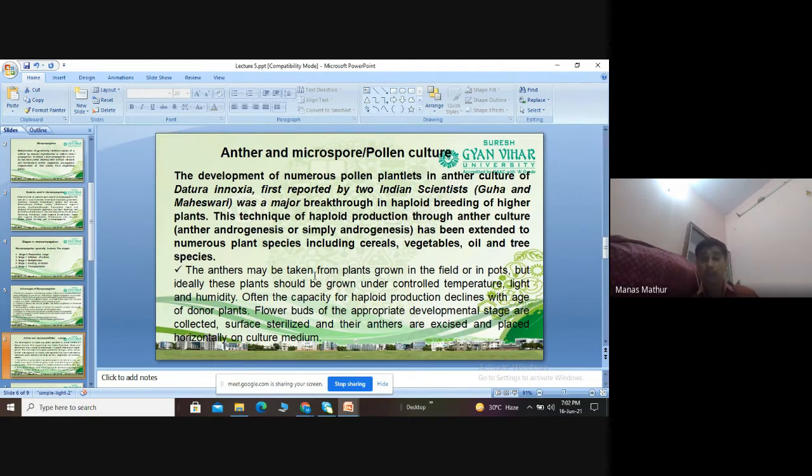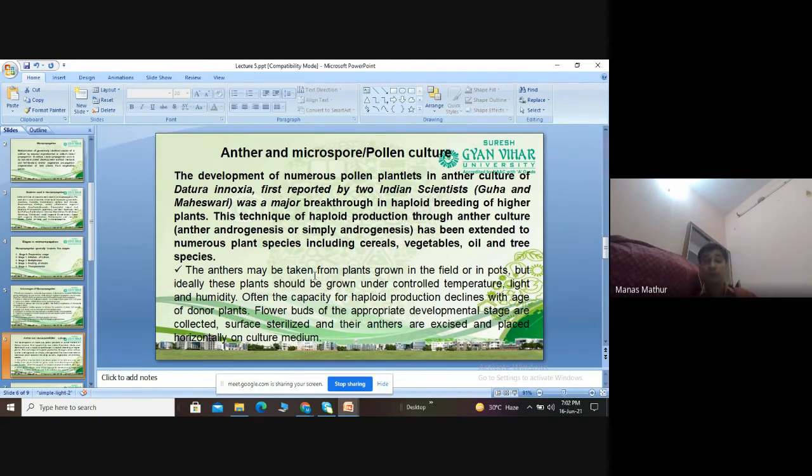This technique of haploid production through anther culture has been extended to various plant species, including cereals, vegetables, oils, and trees. The anthers may be taken from plants grown in the field or in pots, but ideally these plants should be grown under controlled temperature, light, and humidity.